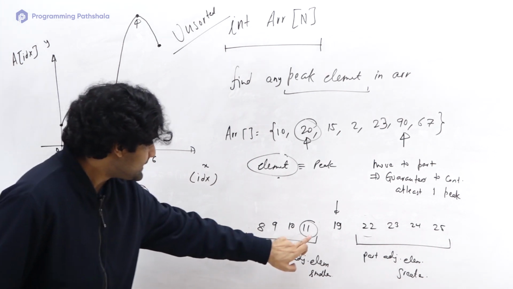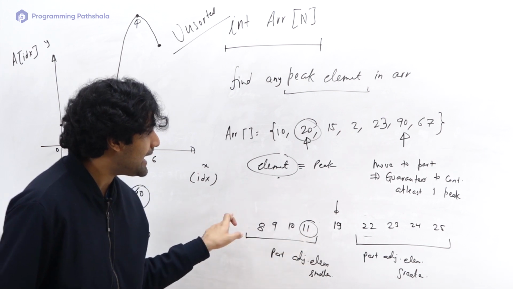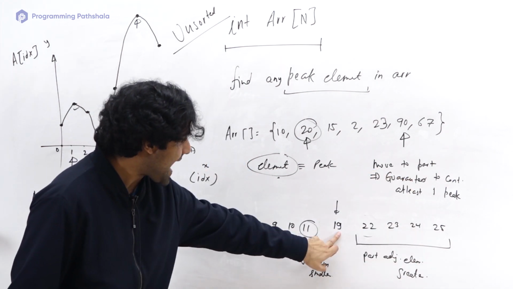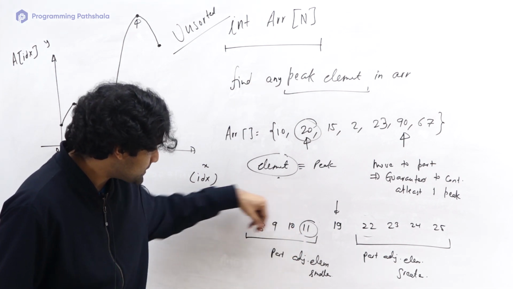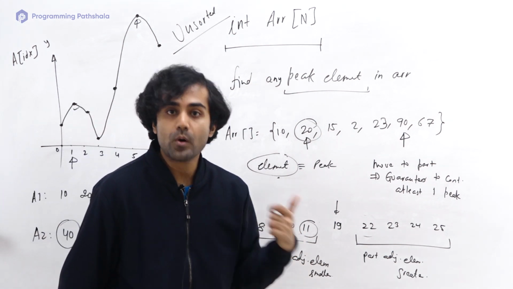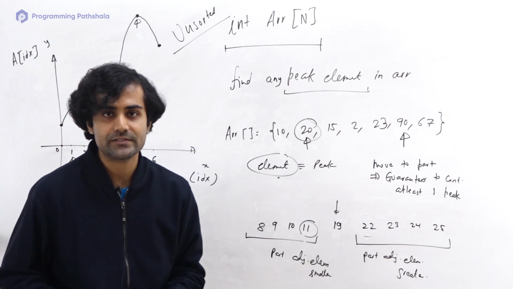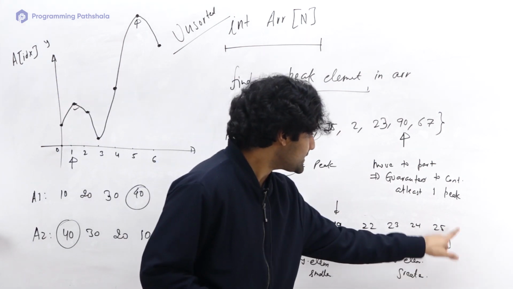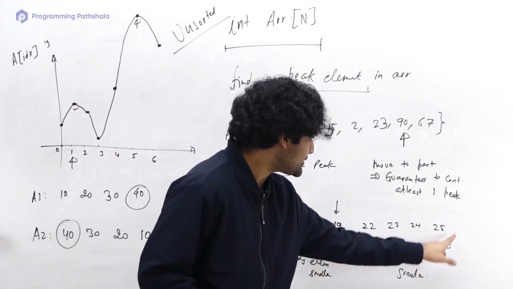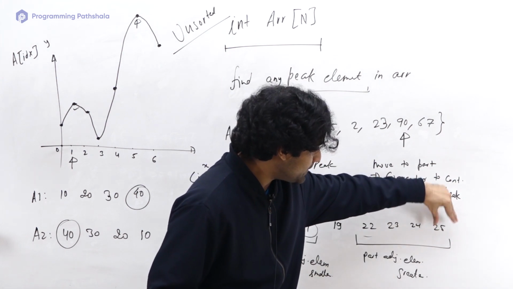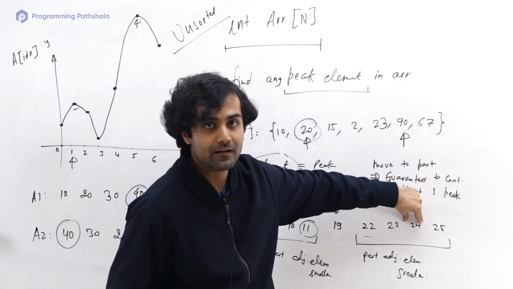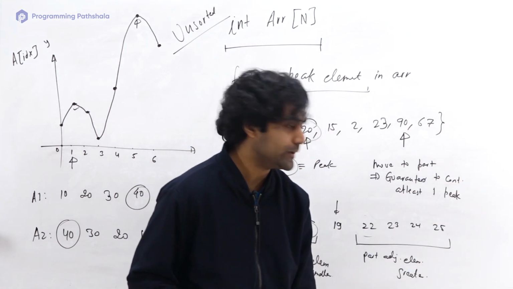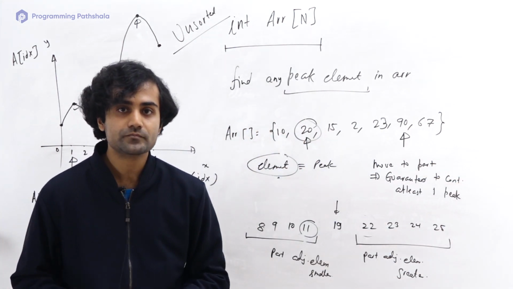But here this 11 cannot be the last element of the array because you had a 19. Now if this 11 cannot be your answer, anything that comes before 11 can also definitely not be your answer. But here that is not the issue because if you consider this part, there will be a last item and that last item will be greater than its left and there will be no right to it, so that will be your answer.